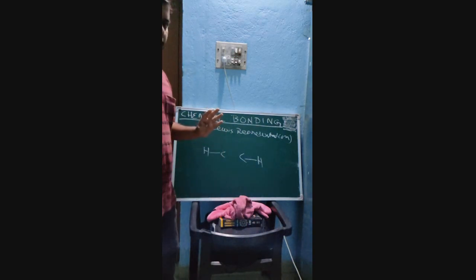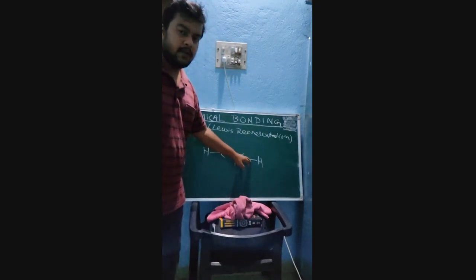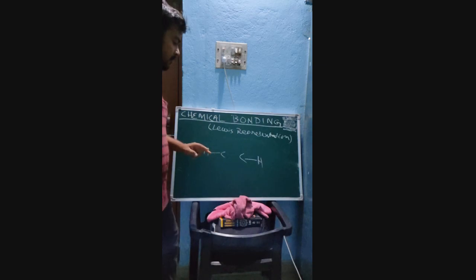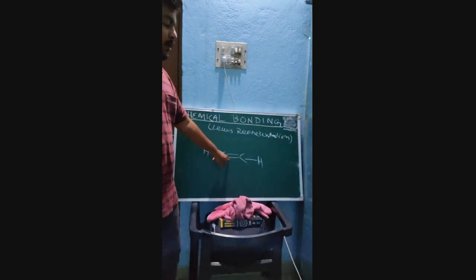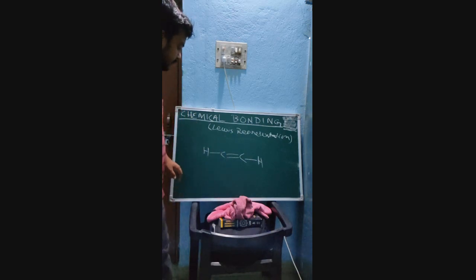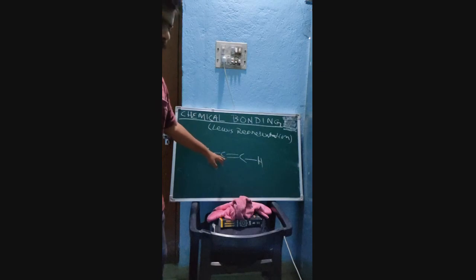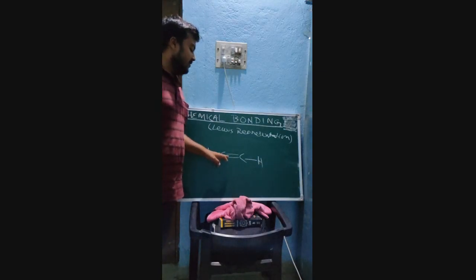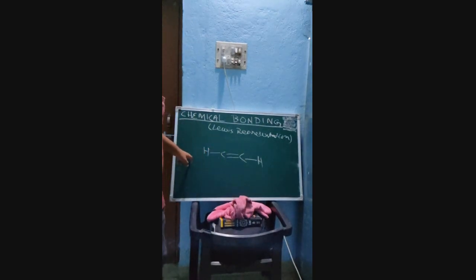Now carbon needs 4 electrons, but it has only 1 filled, so there are 3 spots available. These 2 carbons will form a triple bond between themselves to complete the octet. So now all the electrons are being used in the covalent bonds. So like this, there can be an example of triple bond and single bond in the same molecule.